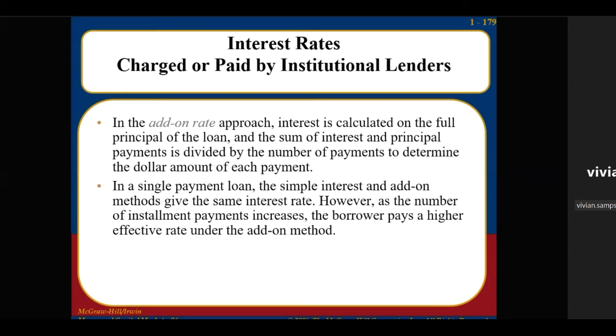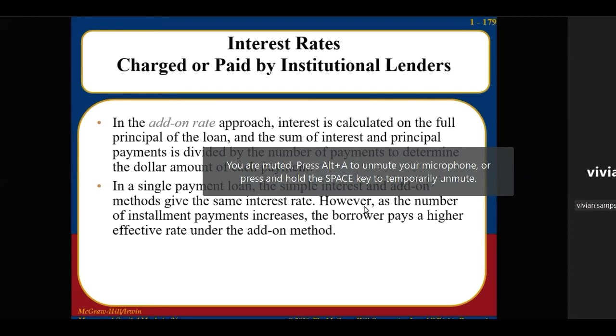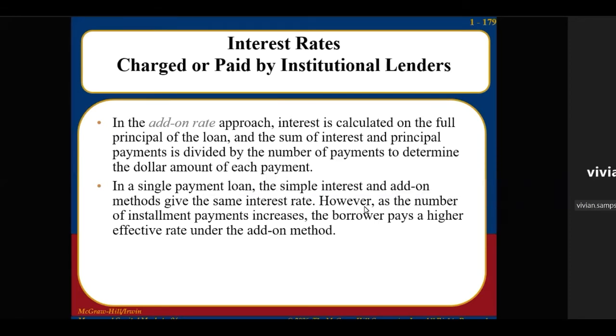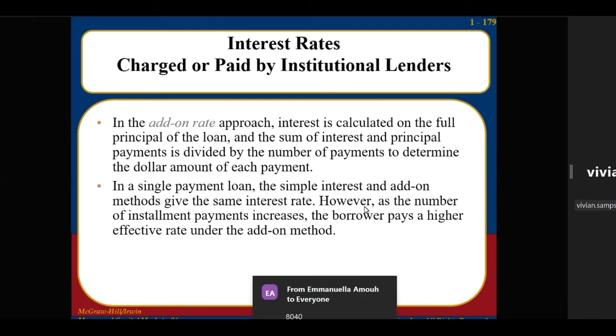When you multiply the interest payment by 48, what are we going to get? And then we get 7992.